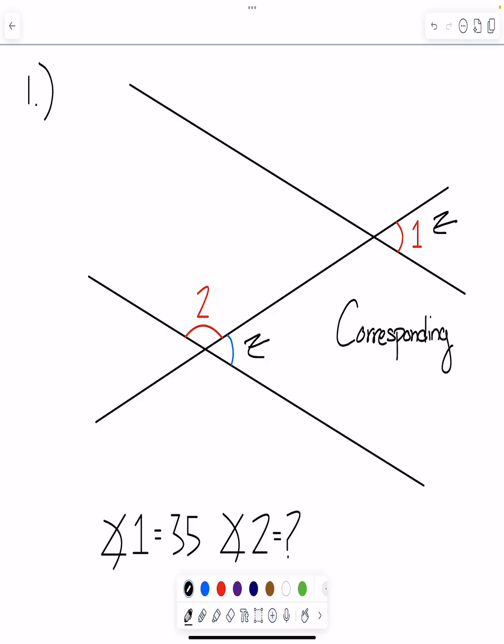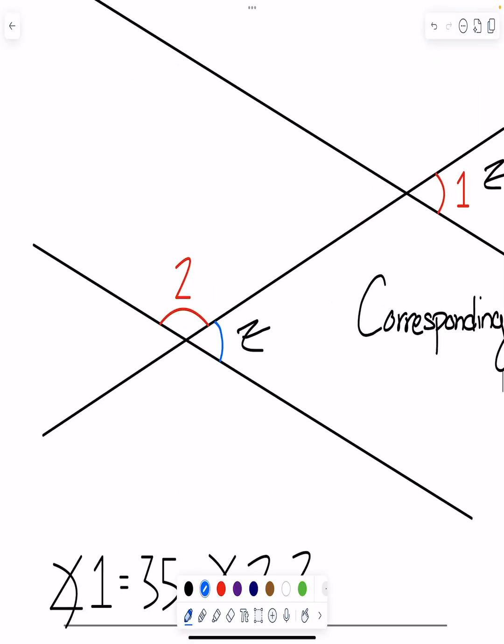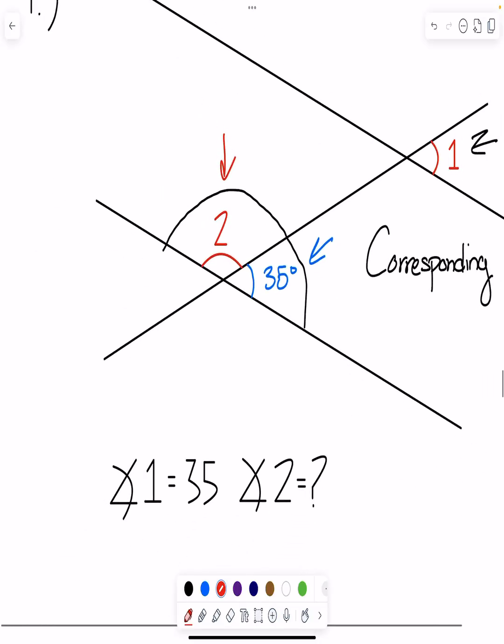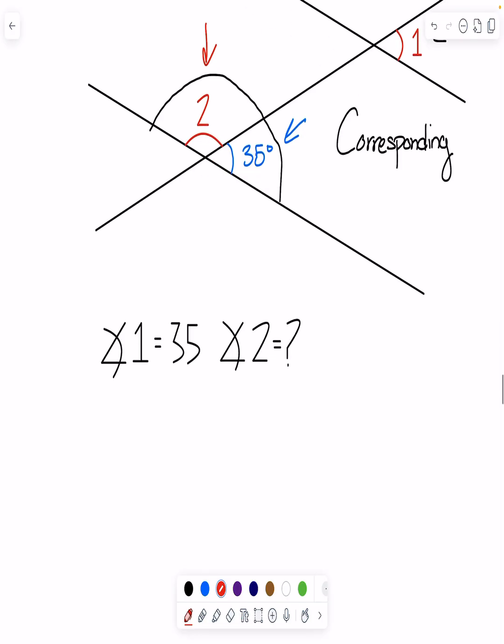And what do we know about corresponding angles? Corresponding angles are equal to each other. So if angle 1 is 35, then this blue is 35. Then between this 35-degree angle and number 2, I see supplementary. So 2 plus 35 should give me 180.